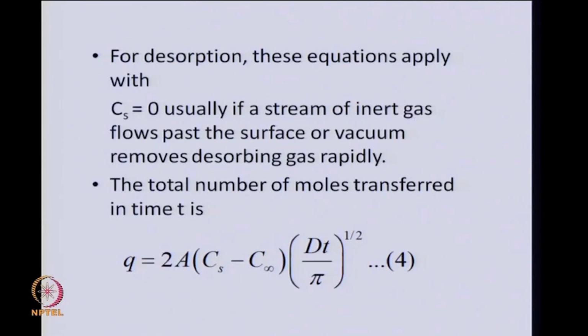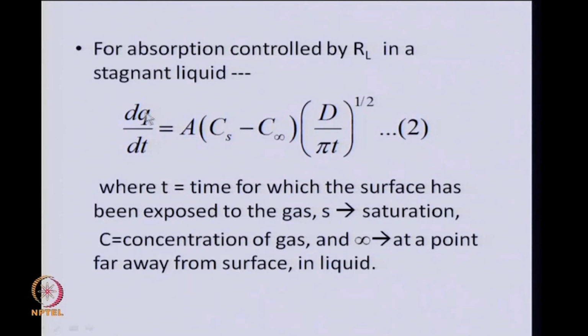And another quantity which might be of interest besides the rate of absorption is how much of the total solute gas we have absorbed, how much of that solute A has been absorbed or desorbed. That could be obtained by integrating this previous equation. We need Q. So, if you integrate, you can see here t to the power minus half.